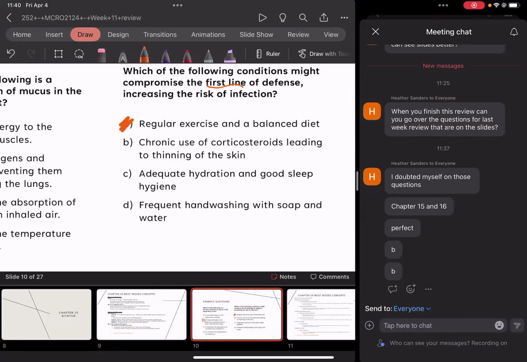Chronic use of corticosteroids leading to thinning of the skin. Corticosteroids, steroids in general, will reduce your immune function, but your immune function is actually part of the second and third line of defense. But corticosteroids can also lead to thinning of the skin, and this puts the skin at risk for being broken, leading to a loss of barrier function there.